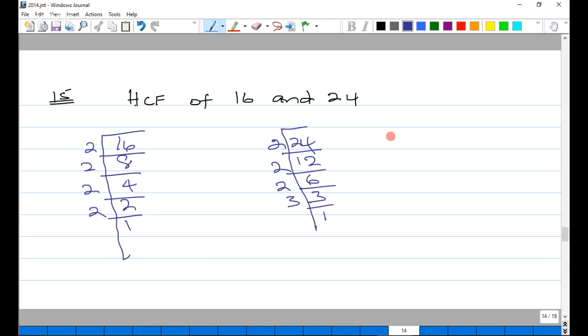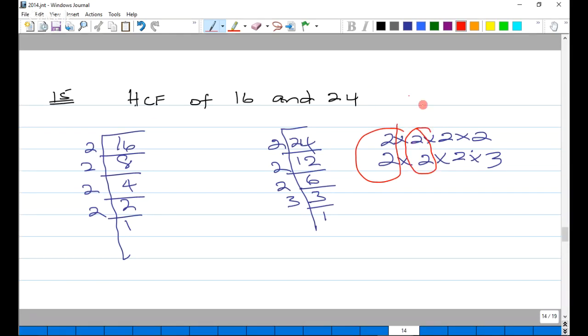So the prime factors of 16 would be 2 times 2 times 2 times 2. And then for 24, it's 2 times 2 times 2 times 3. Let's look for what's common. Common here. Common here. Nothing else is common.